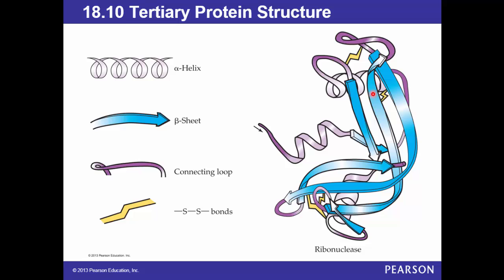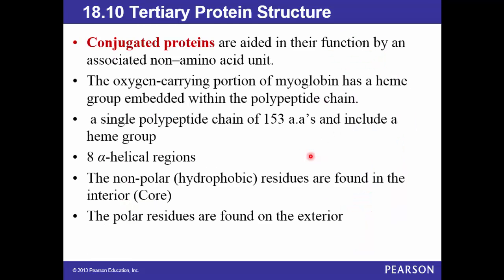You can find connecting loops like these in purple, and also in yellow here and here, you find the so-called disulfide bonds or disulfide bridges. They make like a bridge between two chains. By the way, this is a protein or an enzyme called ribonuclease, and this tertiary structure was determined by X-ray crystallography.